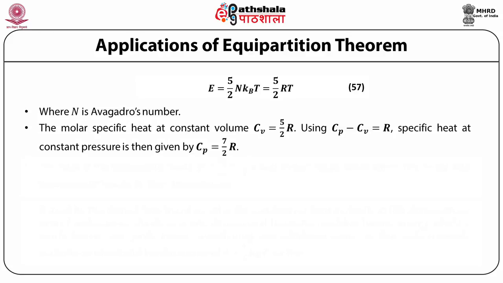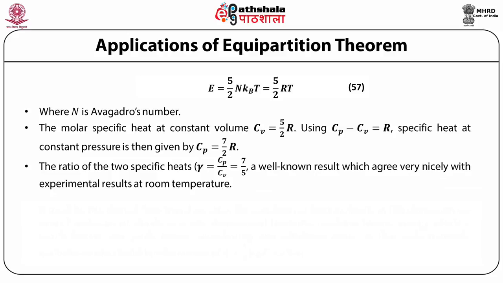The molar specific heat at constant volume therefore is Cv = 5/2 R. Using Cp − Cv = R, the specific heat at constant pressure is then given by Cp = 7/2 R. The ratio of the two specific heats, gamma = Cp/Cv, then becomes equal to 7/5, a well-known result which agrees very nicely with experimental results at room temperature.